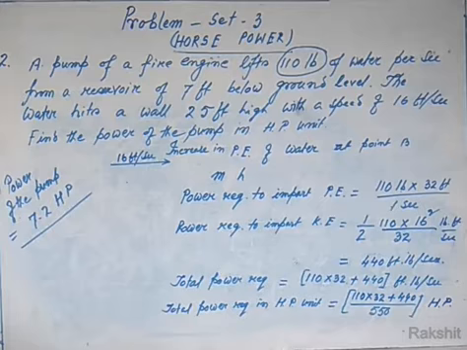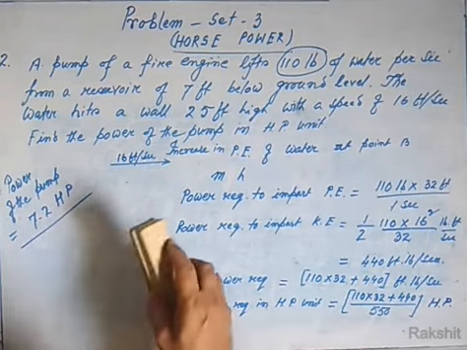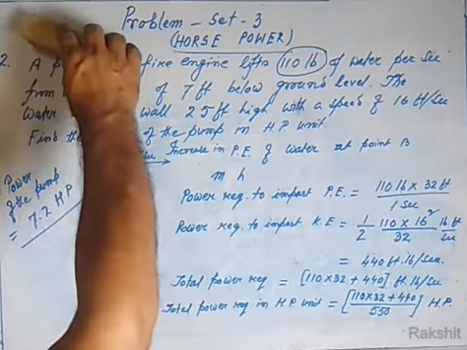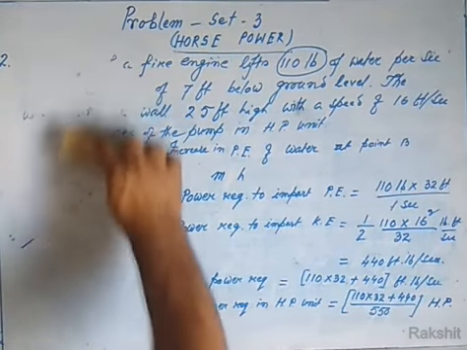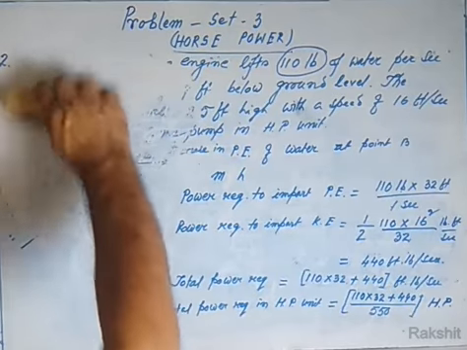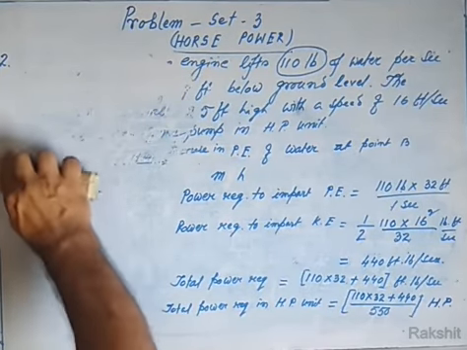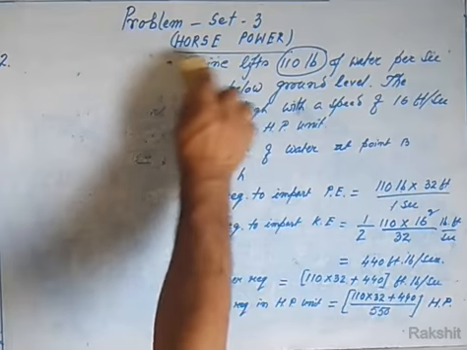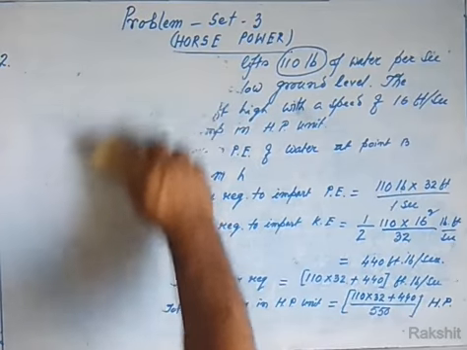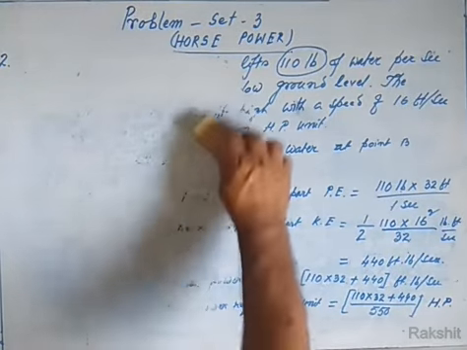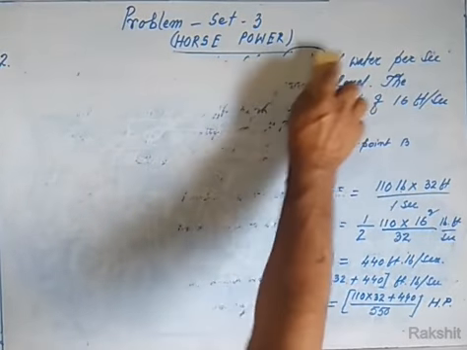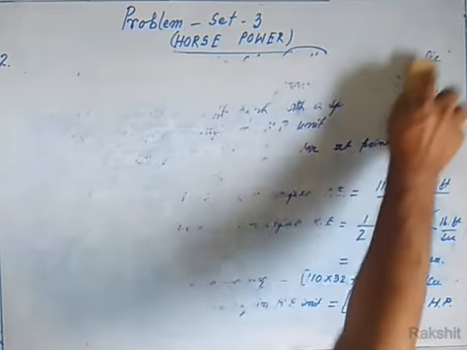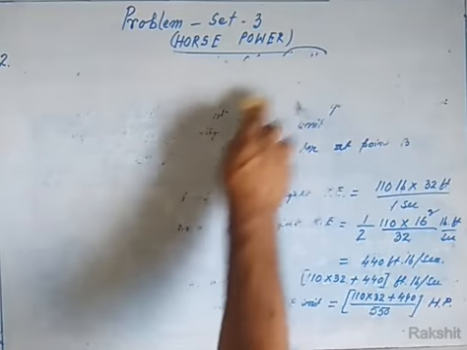The third problem. It is also a problem related to horsepower, but the concept is another concept, not a water lifting pump. For all water lifting pumps, if you find any problem related to a water lifting pump, then you have to consider the increase in kinetic energy and also the increase in potential energy.